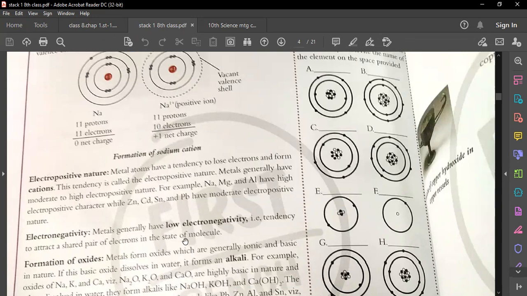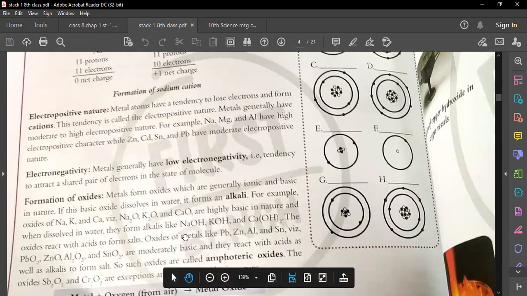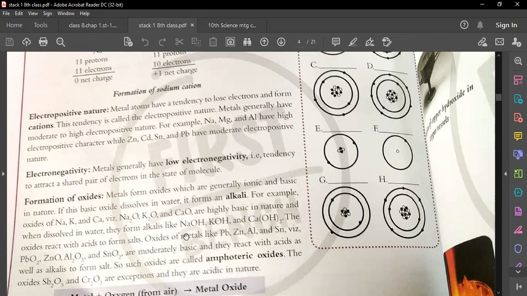Next, electronegativity. Generally, are metals highly electropositive or highly electronegative in nature? They're highly electropositive, positive in nature, right? Because they are losing electrons.